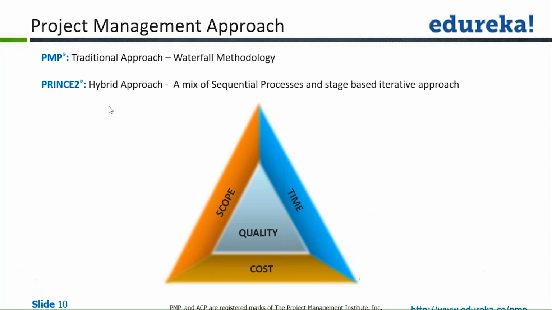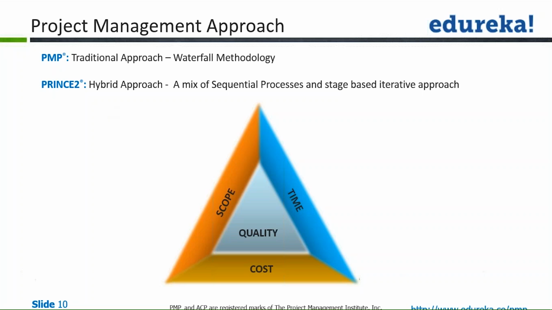PMP follows a traditional approach, which is a waterfall methodology: finish the work in a sequential manner. For Prince2, there are a lot of debates going on. It's not controversial, I must say, but there are a lot of arguments about whether it is a waterfall approach or an agile approach. I would say it's more of a hybrid approach, which is slightly more inclined towards a waterfall methodology.